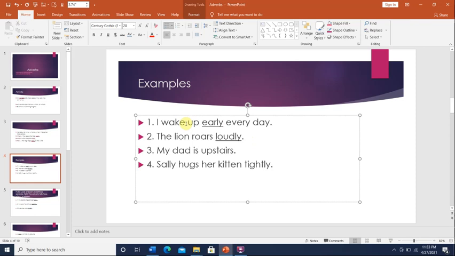The lion roars loudly, it tells you how the lion roars. My dad is upstairs. Upstairs? Where is Dad? He's upstairs. Okay, Sally hugs her kitten tightly. So tightly here is the adverb and it tells you how she hugs her kitten.